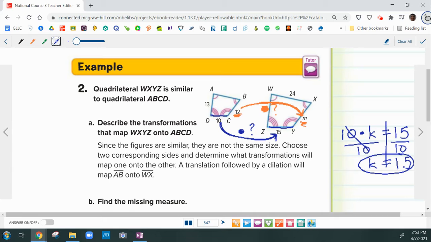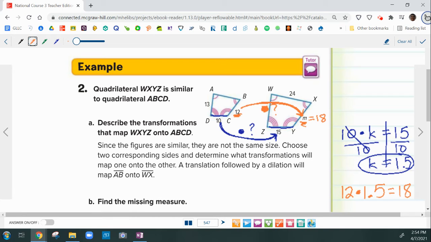We're going to put it in for this question mark in orange. So we're going to say 12 times 1.5. So that comes to, this is going to find us M, 18. All right, so M equals 18.